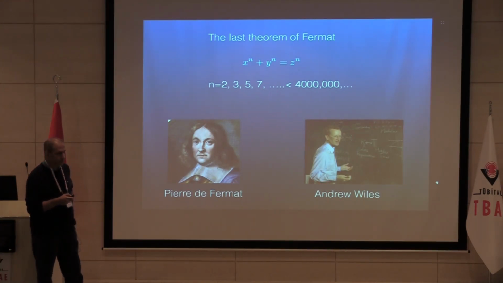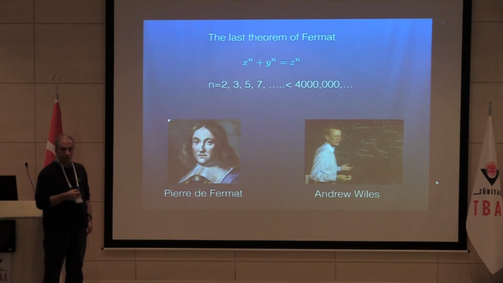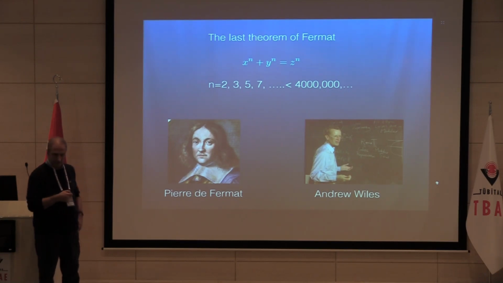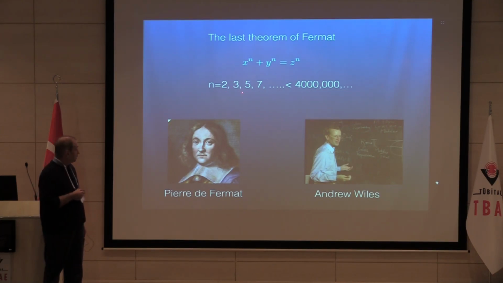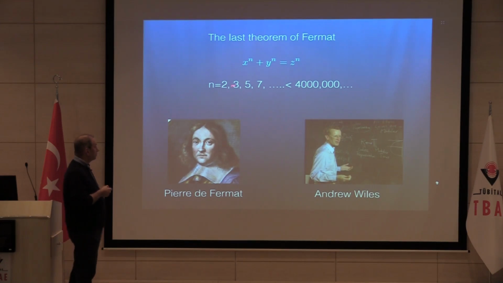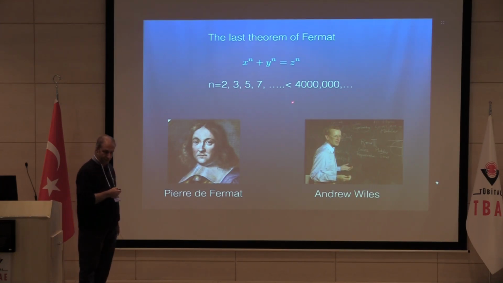So they proved that this theorem is true if n is 2, it's obvious, because for n equal to 2, it's the Pythagorean theorem. They proved that it's not true for 3, which is an odd number and a prime number. They proved it for 5, 7.